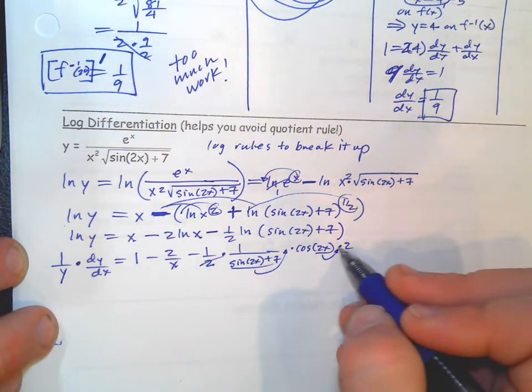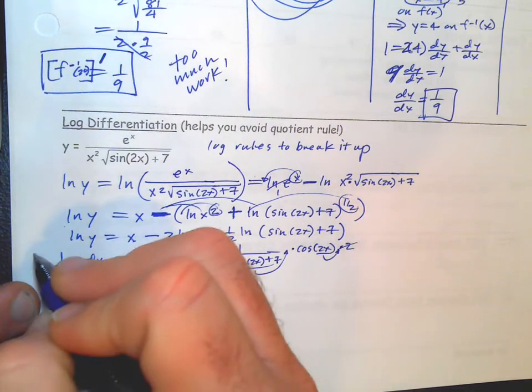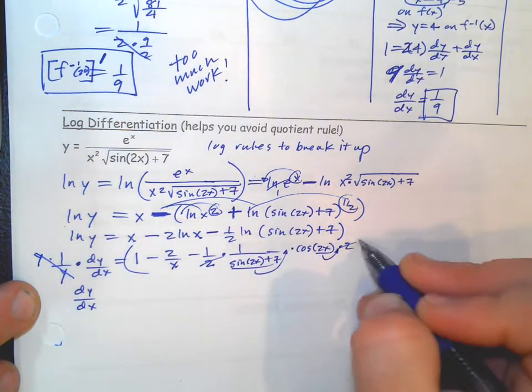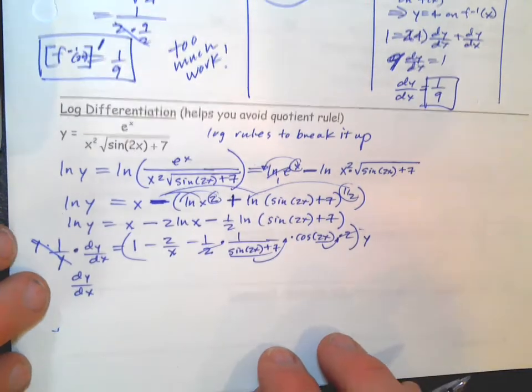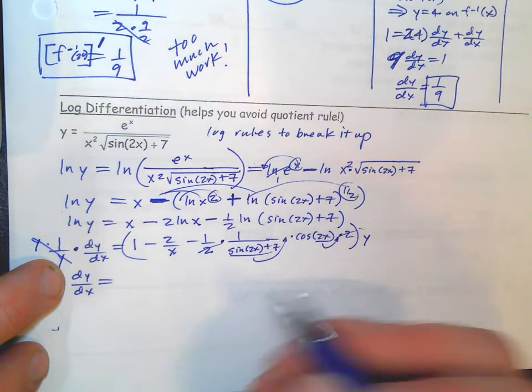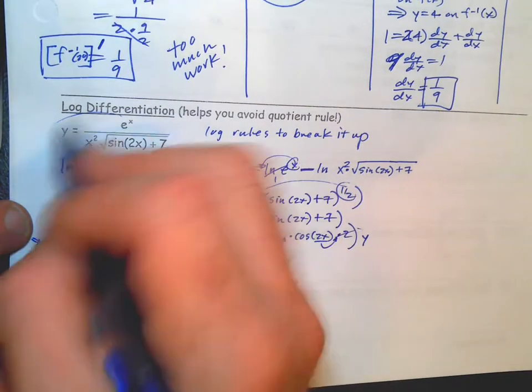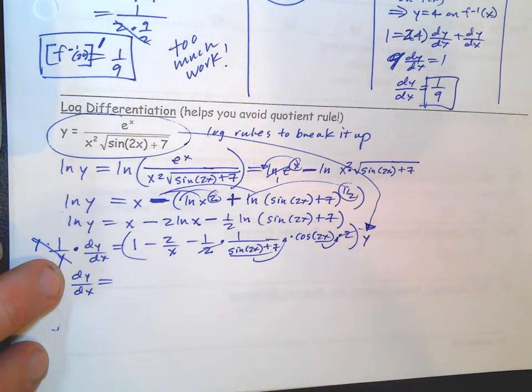These 2's cancel. I want to get dy dx by itself, so I'm going to multiply both sides by y. But I don't want y as my final answer because this wasn't really supposed to be an implicit problem. I manipulated it, so we really should have all x's in the end. But here it's easy. You have an expression for y in terms of x's.